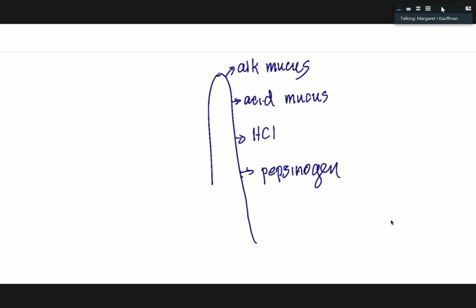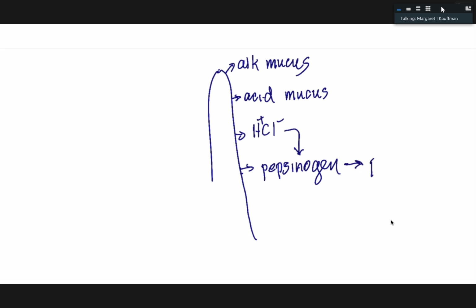HCl spontaneously splits because if you stick HCl into water, it has a very high dissociation constant, which means that it almost entirely becomes H plus and Cl minus. And in fact, it's secreted that way, which is what we'll hear shortly. But instead, the HCl acts on the pepsinogen and forms what out of it? Pepsin, exactly.